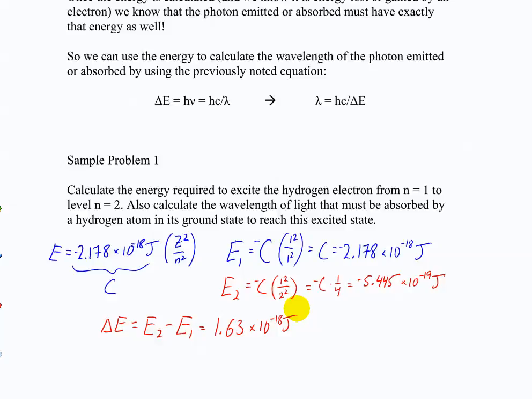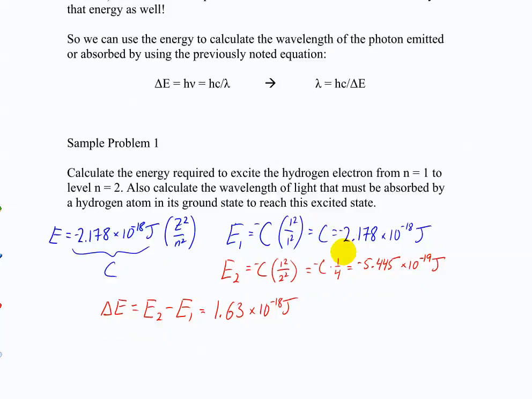Okay. Second part of that question is, what is the wavelength of light that must be absorbed to do this? So if you want to transfer this electron by putting a photon into it, by shooting a photon at it, what does the energy of that photon have to be? And the answer is that we use this equation from before, Planck's equation, E equals hc over lambda.